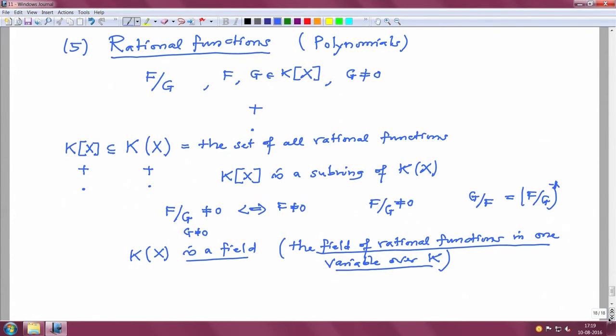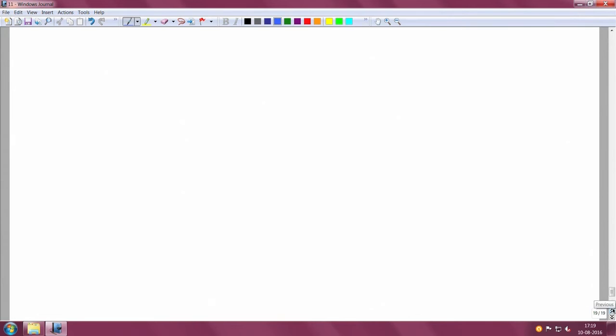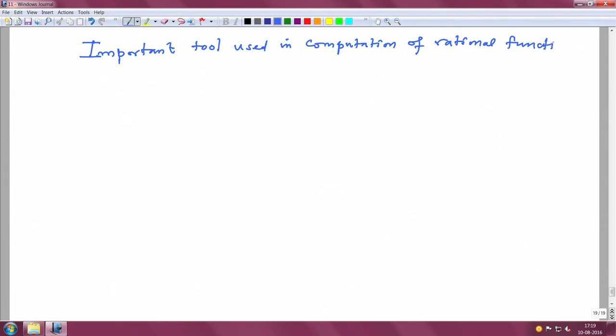So now, the most important tool used in the calculation or computation of rational functions is of course division with remainder.